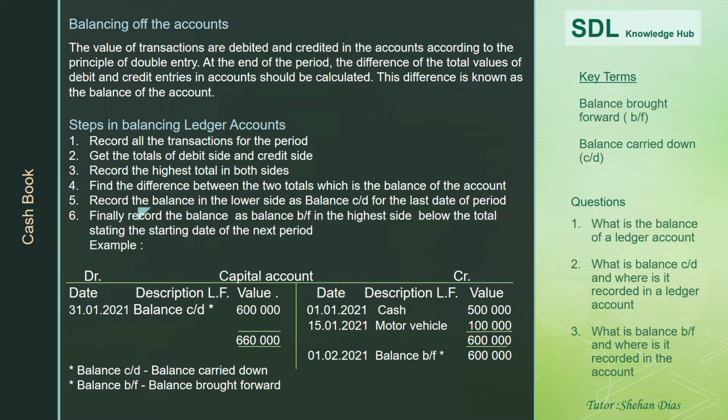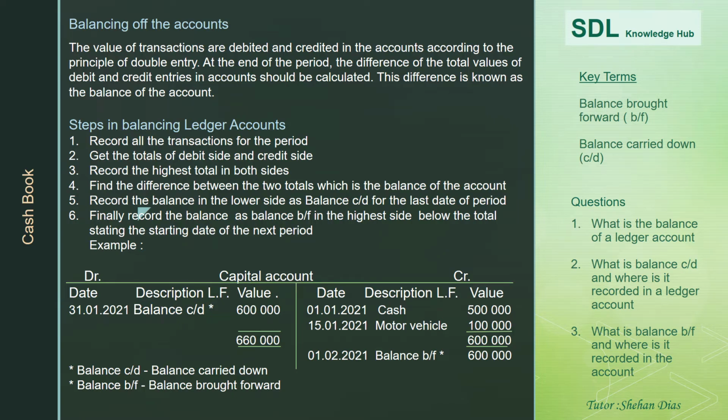So based on that we need to balance the ledger accounts. So the steps involved in balancing the ledger accounts: first record all the transactions for the period and then get the totals of both debit and credit side. So based on the highest total in either side, you take as the total for both sides.